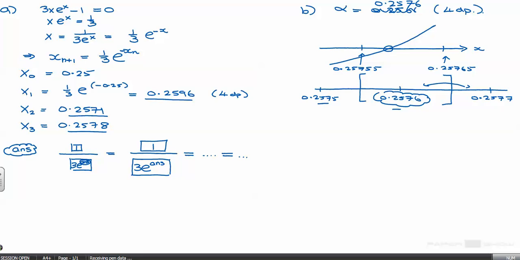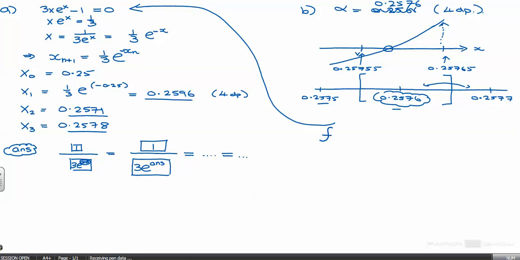So the f of x value must be positive in one case and it must be negative in the other. So we're going to substitute, but we're going to substitute into the original function because that's the one we're trying to find where it equals 0.